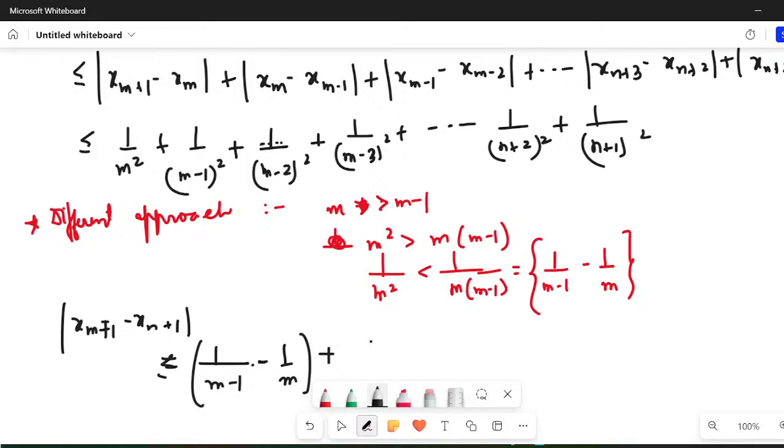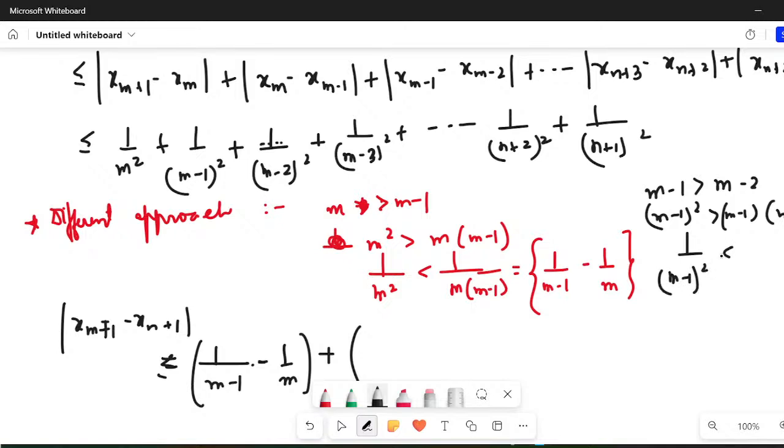Then you're going to have, okay, I think this is absolutely fine. This particular term, I know that m minus 1 would be greater than m minus 2, and I can write m minus 1 whole square greater than m minus 1 into m minus 2, and simply I can write 1 upon m minus 1 whole square is less than 1 upon m minus 1 into m minus 2.